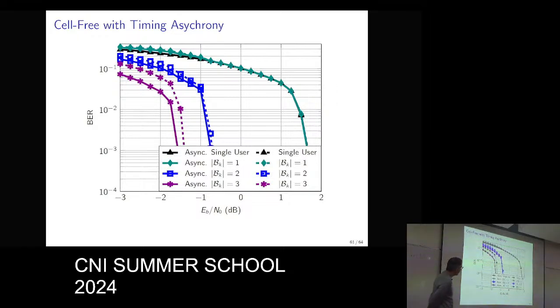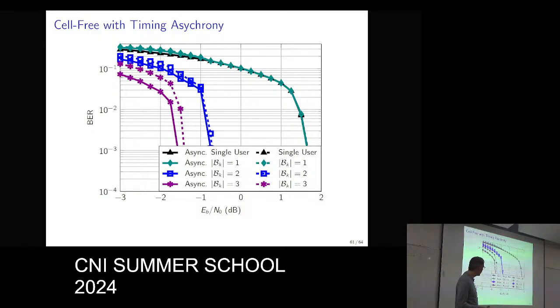Another twist on that is what happens if your users are asynchronous. But with known asynchrony. So we wanted asynchronous, but with known asynchrony. If you have a cell-free system over a large area, you're not going to be able to do symbol synchronization or rough symbol synchronization for all of them.